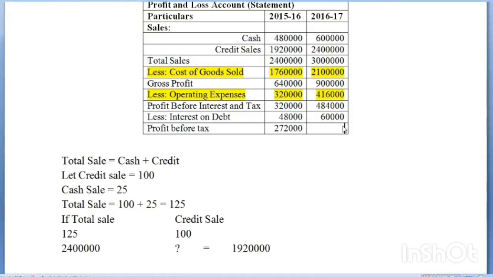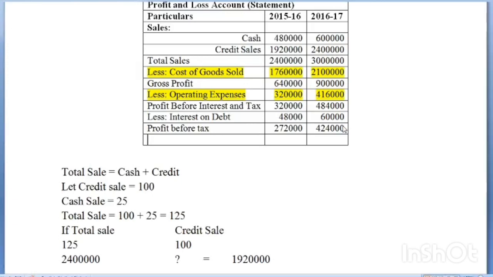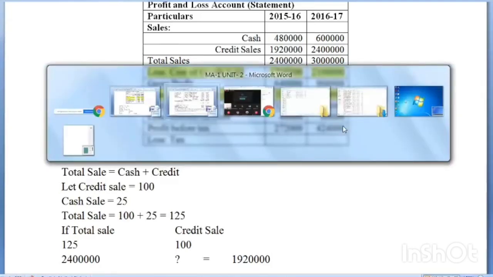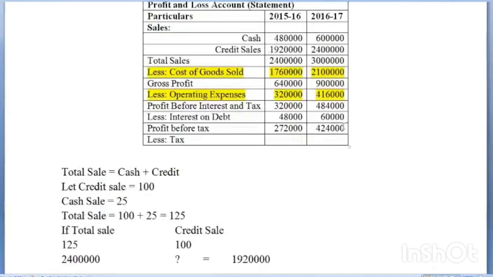And 4,24,000. Less tax. What is the tax rate? 50%. So at the rate of 50%, calculate tax. 272 at 50% means 136.